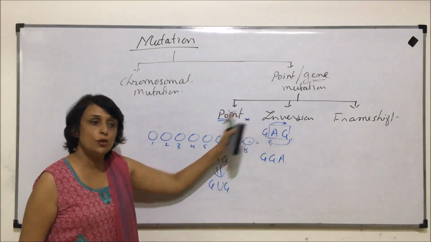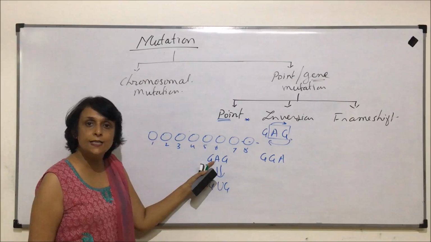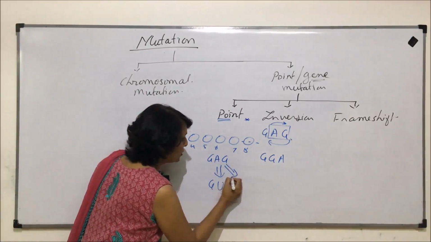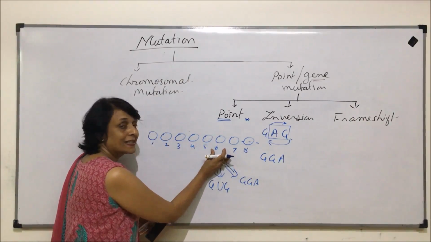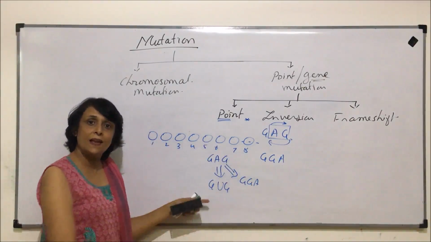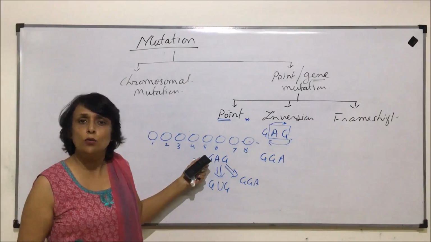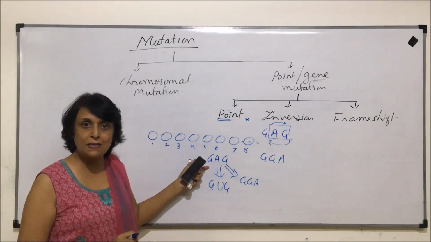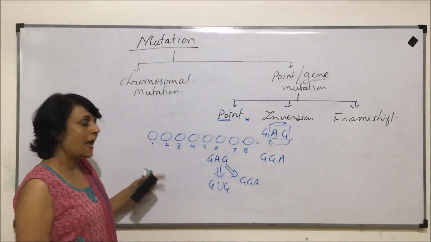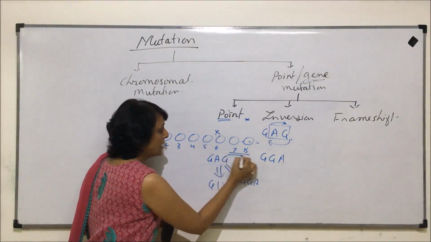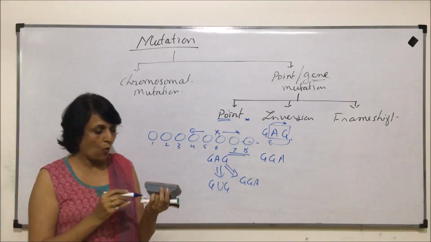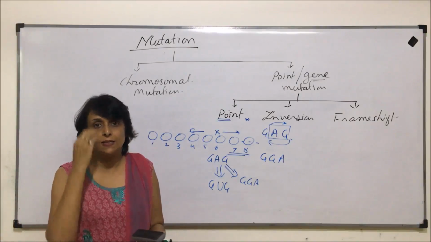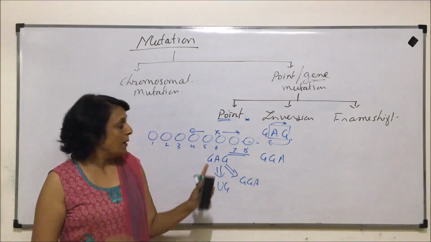In case of inversion also, instead of GAG, it has changed to GGA, but the amino acid synthesized here will be something other than the normal glutamic acid. But before this and after this, there is no change. That means only one amino acid is different.